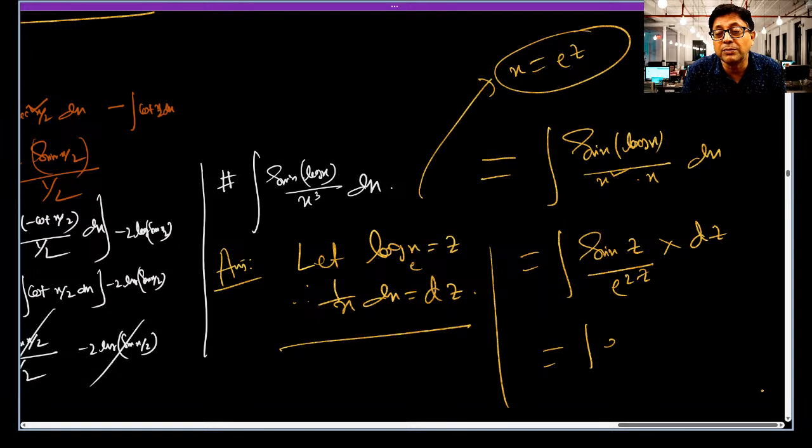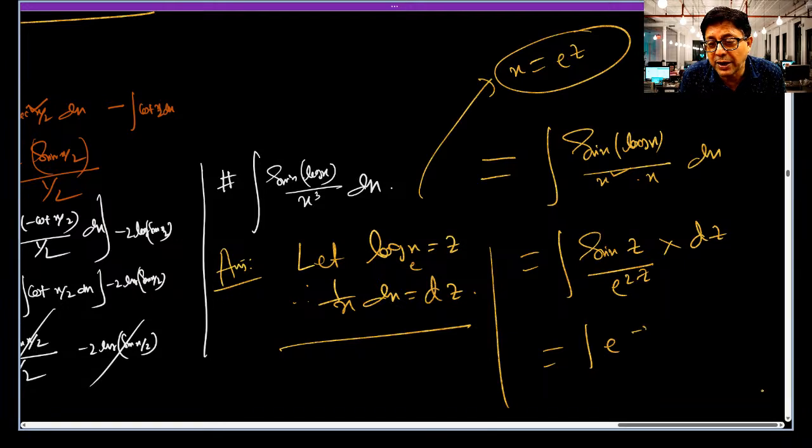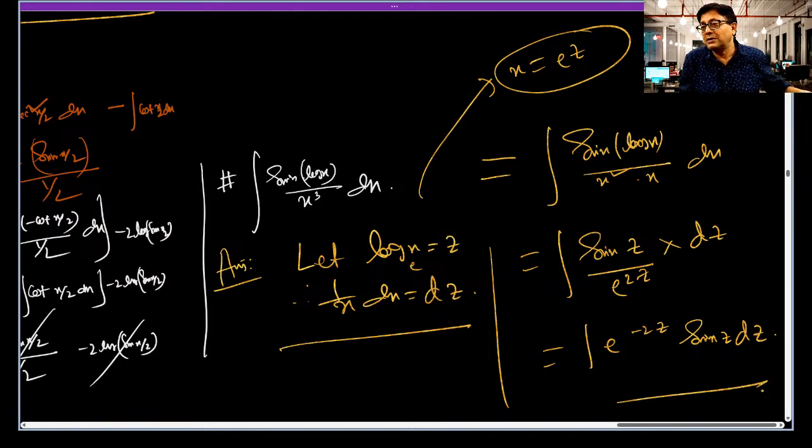Now it is of the form which we have done today. It is of what form? E to the power minus 2z sin z dz. Go by parts, and you have to use by parts twice. Clear?